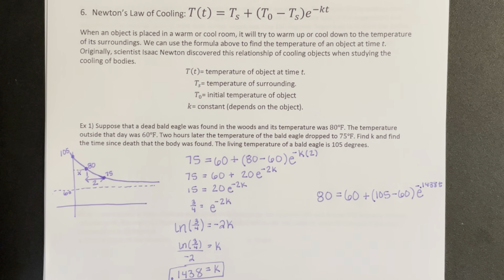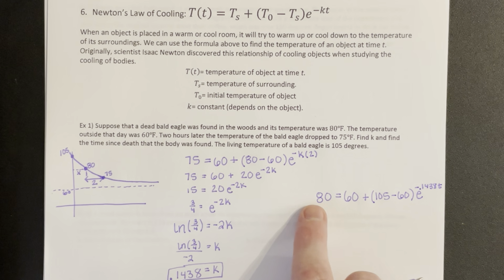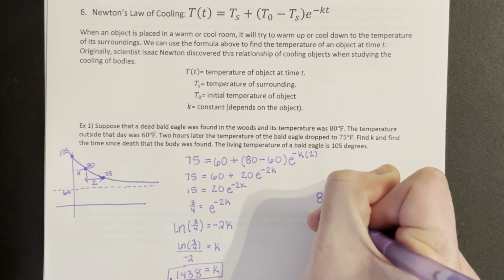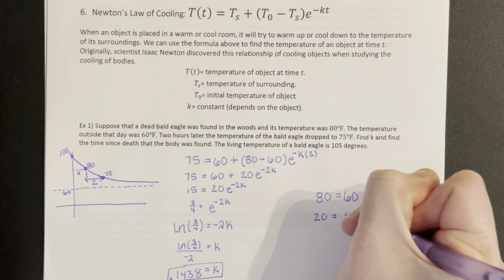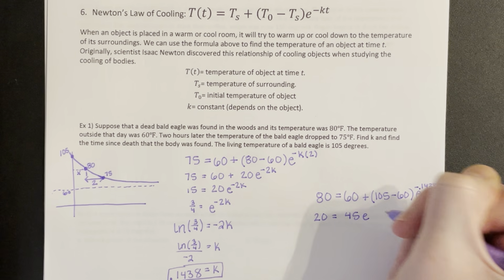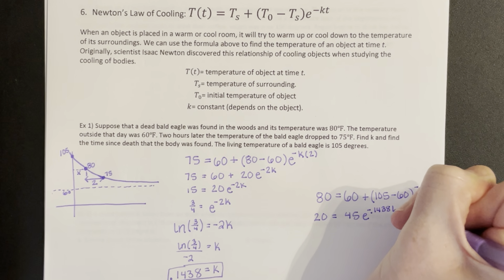We're trying to solve for the amount of time that's passed when we found it at 80 degrees Fahrenheit. So I would subtract 60 to get 20 equals, and I can work out that as well, 105 minus 60 is 45, so 45 e to the negative 0.1438 t.